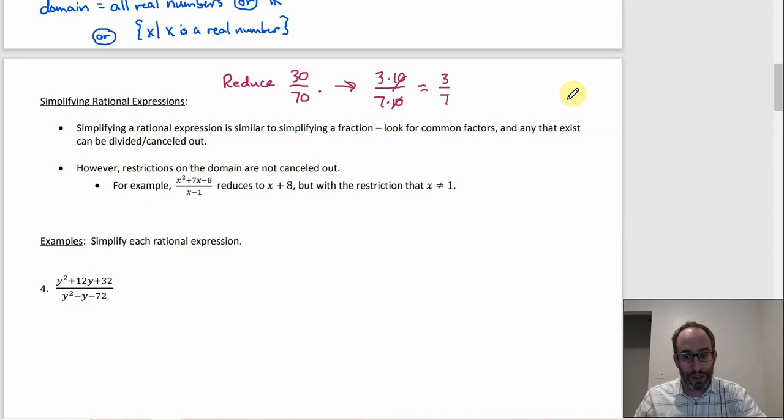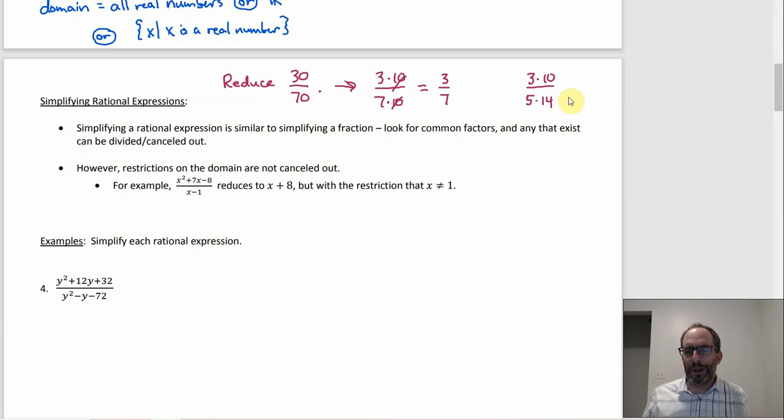Because you can cancel things. What you would not pick, if I write it over to the side here, is maybe 3 times 10 over 5 times 14. You probably wouldn't pick that one.